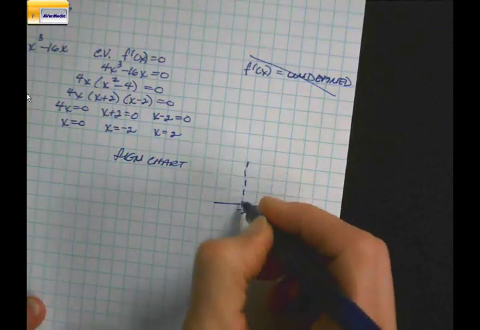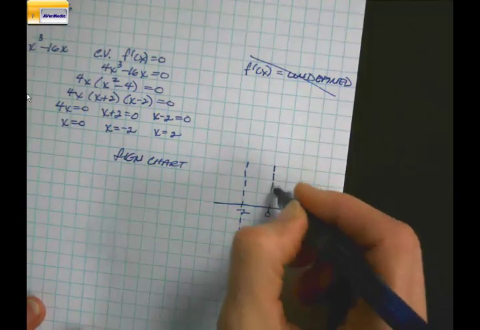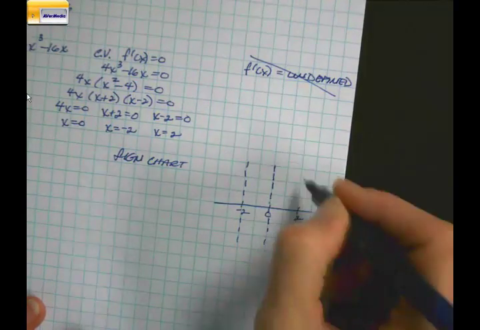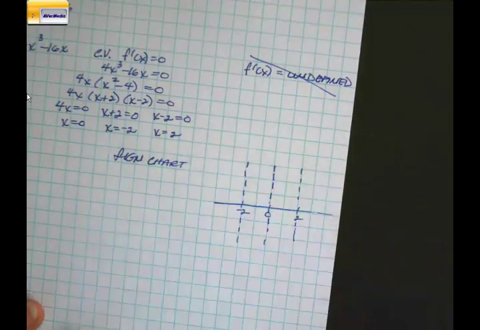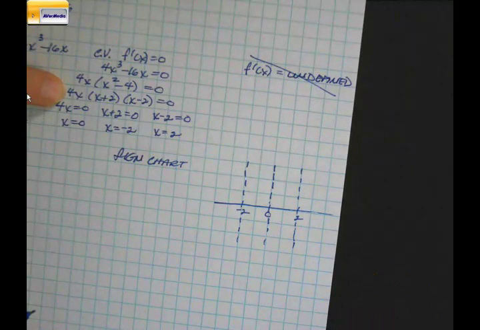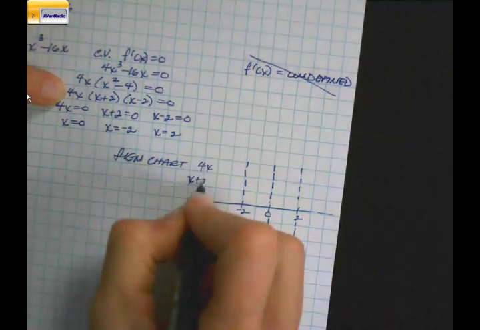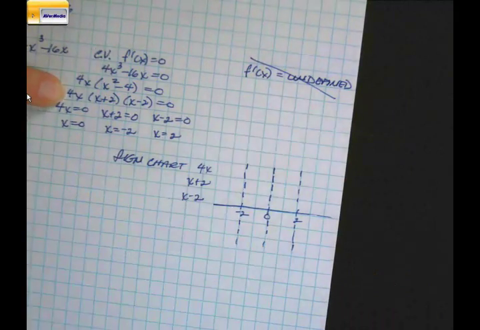Put those on a number line, and then give yourself some dashed regions on the sign graph like that. We just always do that. That's just kind of standard method. Okay, so then what we do is we take a look at these 3 pieces of this factored product. One of them is a 4x, the other is an x plus 2, and the third is an x minus 2.